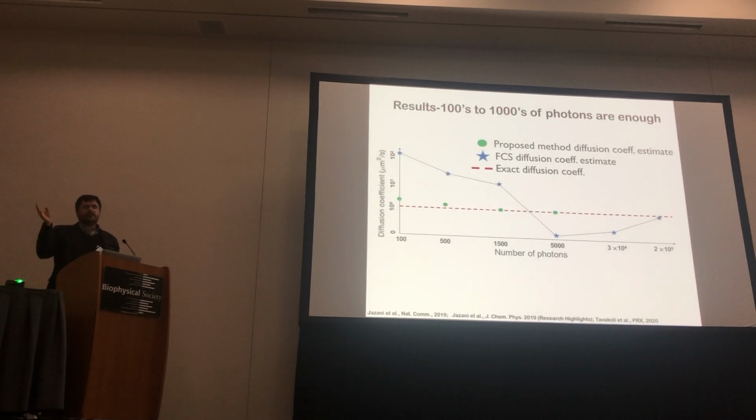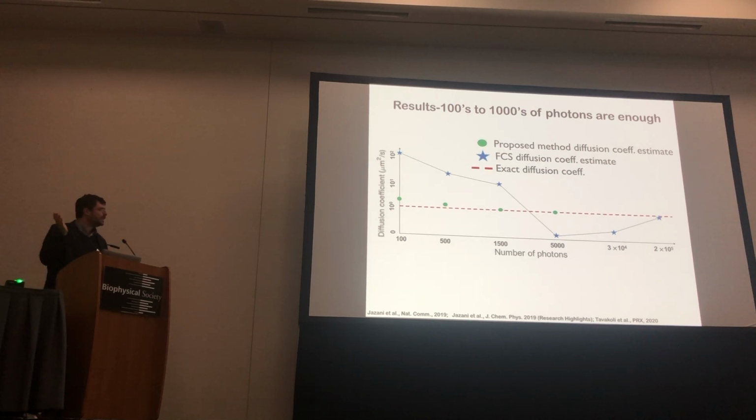I don't have the opportunity in this short talk to tell you in great detail all of our results, but here's a nugget of the results. What I'm plotting is a ground truth diffusion coefficient, which is the red dotted line. With the green dots, I'm showing our estimation of the diffusion coefficient.